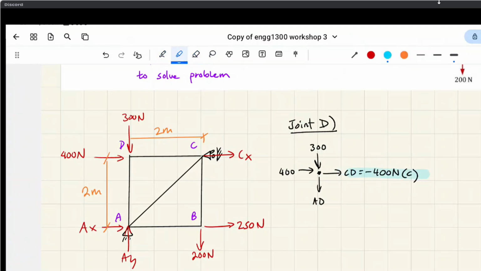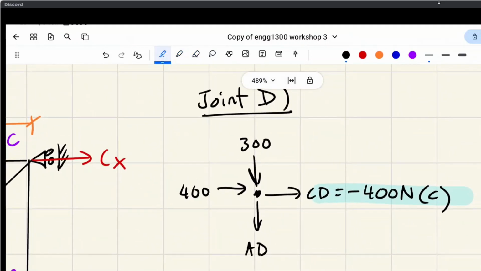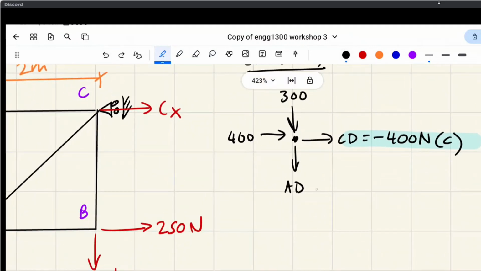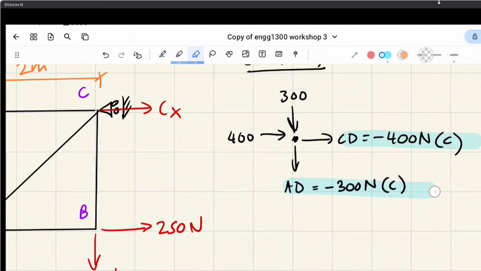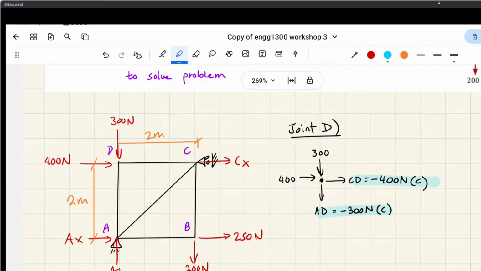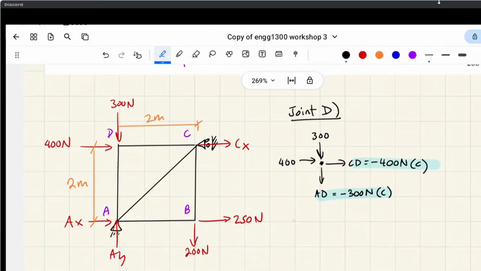The reason for this is that if you look at how the forces balance out, the sum of the forces has to equal zero because we're in static particle equilibrium, right? So this has to result in a compressive force to counteract that 400 newtons. For AD, same thing, but in the vertical direction. So I don't even need to do any calcs for that actually. You can just look at it.